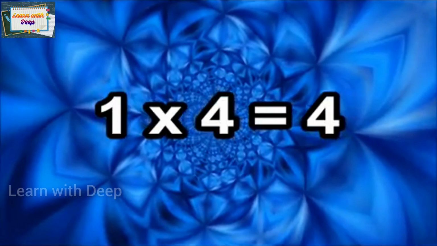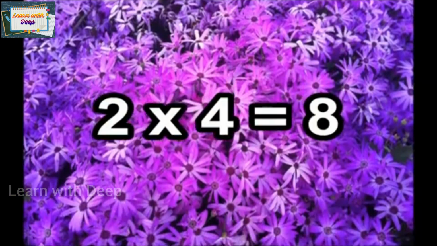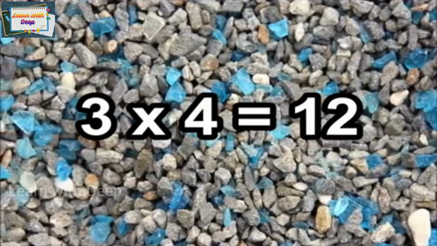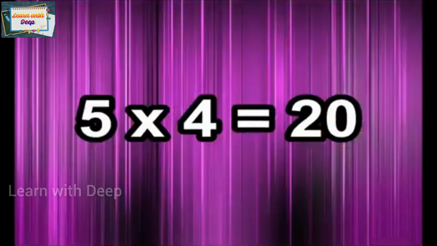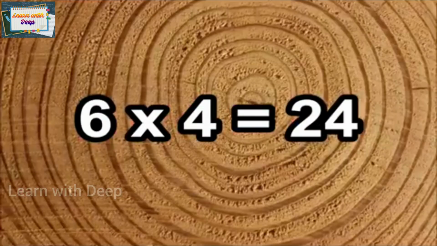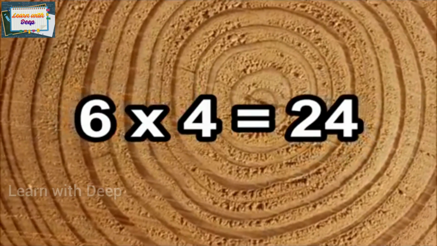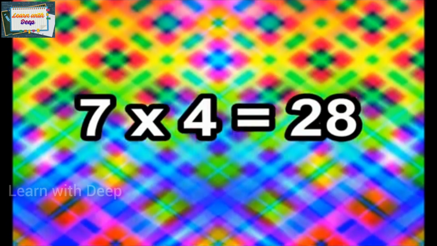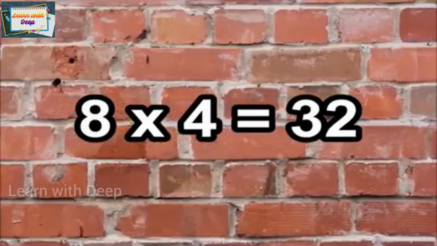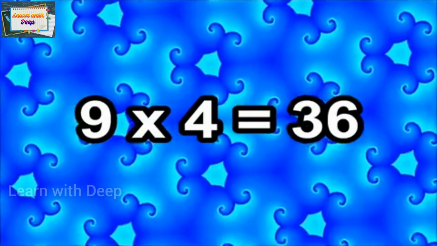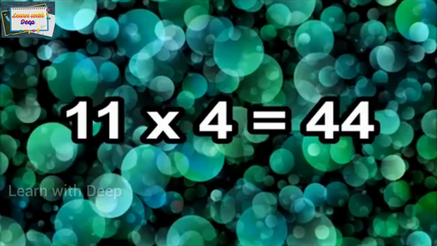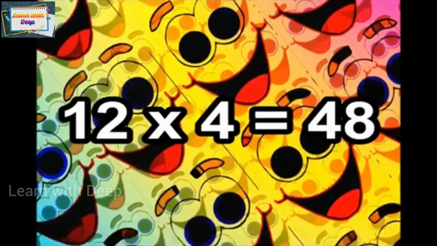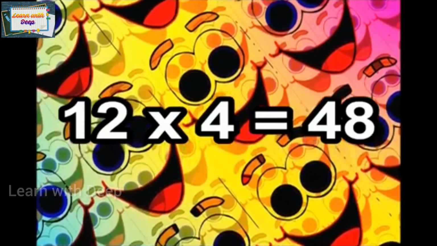Here we go. 1 times 4 is 4. 2 times 4 is 8. 3 times 4 is 12. 4 times 4 is 16. 5 times 4 is 20. 6 times 4 is 24. 7 times 4 is 28. 8 times 4 is 32. 9 times 4 is 36. 10 times 4 is 40. 11 times 4 is 44. And 12 times 4 is 48.